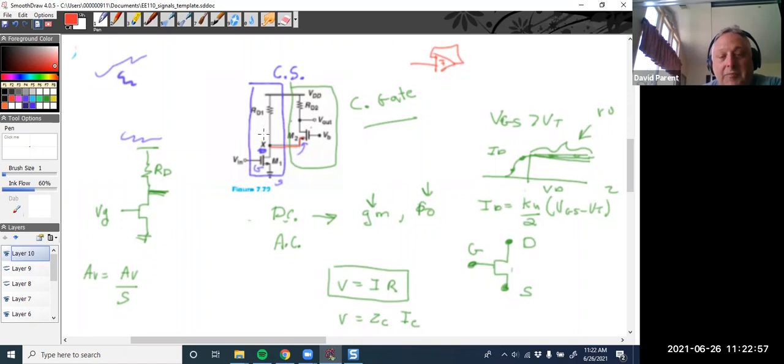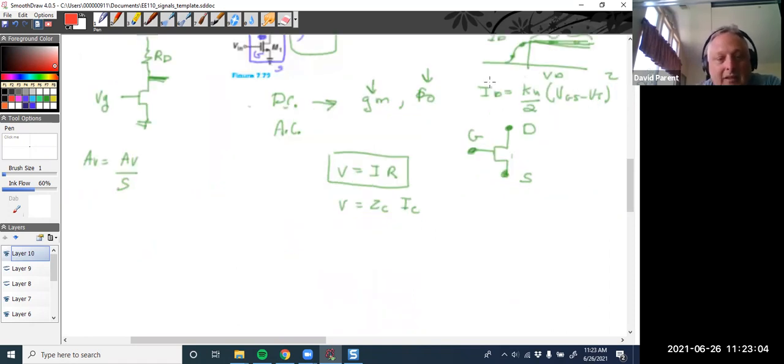I'm not going to go through the DC part because that wasn't part of this problem. So I'm going to convert this to the small signal model, right?